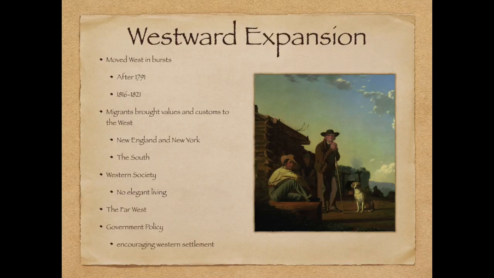Before 1840, very few Westerners could afford any kind of elegant living, and the lack of refinement also led a lot of people on the East Coast to label them as backward or redneck, or I suppose at least the early 19th century version of redneck in the way that we use it today. They're very much easy targets for contempt because of that.